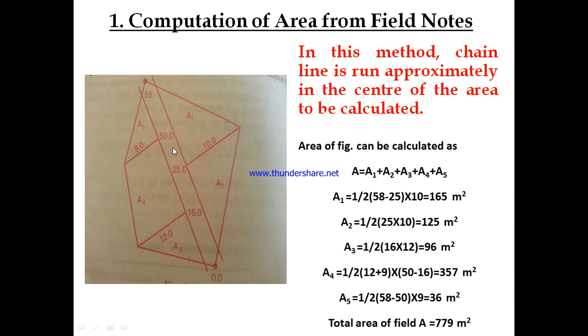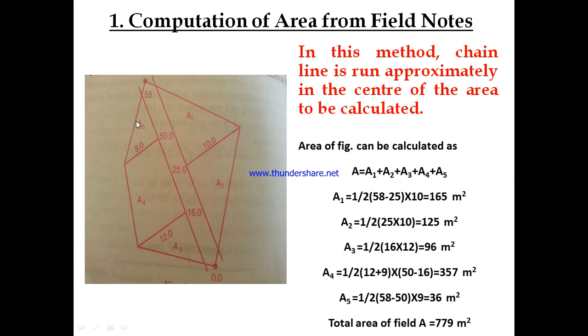This is the center line, or we can say the chain line, and these are the offsets. You are already clear with this figure and why these numbers are written. What does this signify? It means this is the chainage of 50 meters, then 25 meters, and in a similar manner we can measure the offsets also.